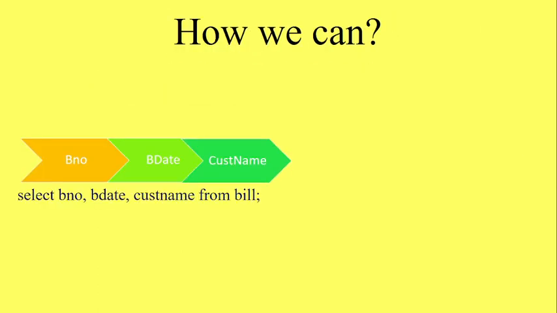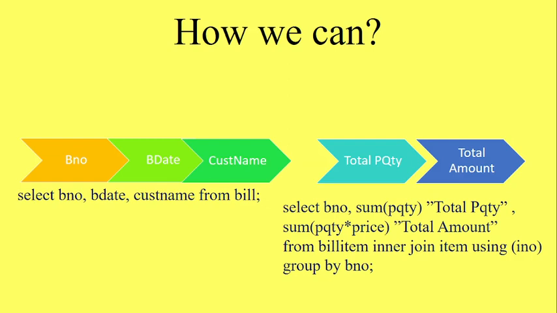So to get this we can use: select bill number, sum of purchase quantity as total_purchase_quantity, sum of price multiplied by quantity. The purchase quantity is taken from bill item, and price will be taken from item using item number, because in both the tables item number is common, and then we have to group by bill number.